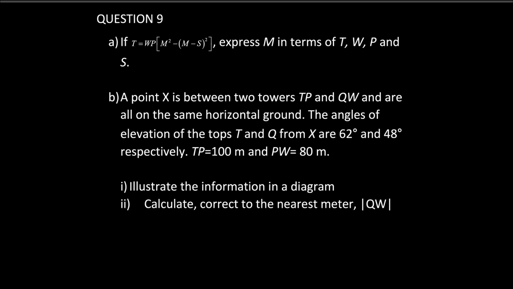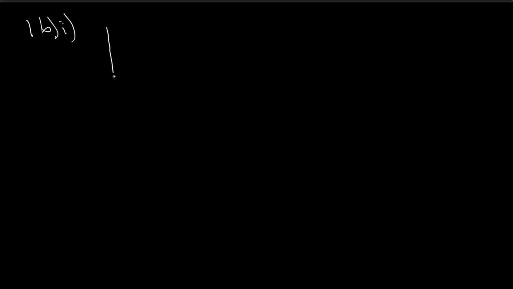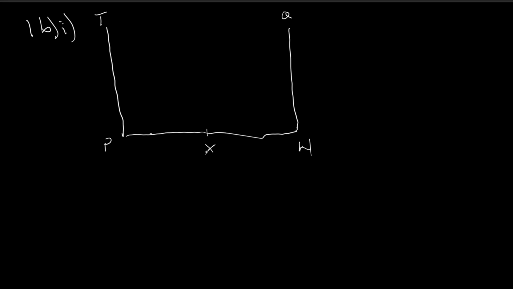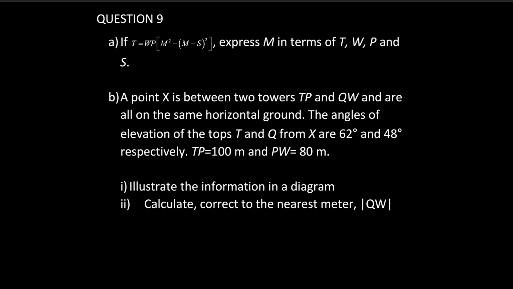A point X is between two towers TP and QW. So we have two towers. This is TP and this is QW. And we are told X is between PW. So X should be somewhere here. Now we are told that the angles of elevation of the tops T and Q from X are 62 degrees and 48 degrees respectively.